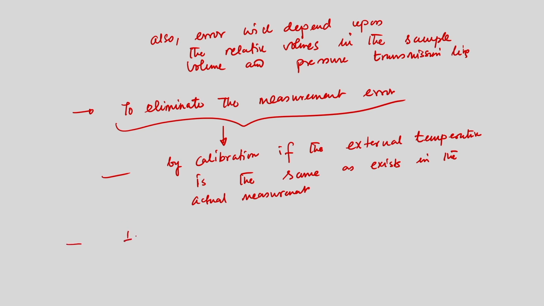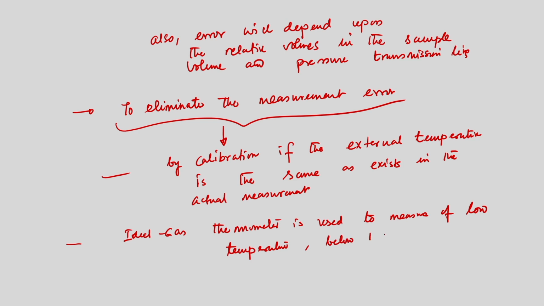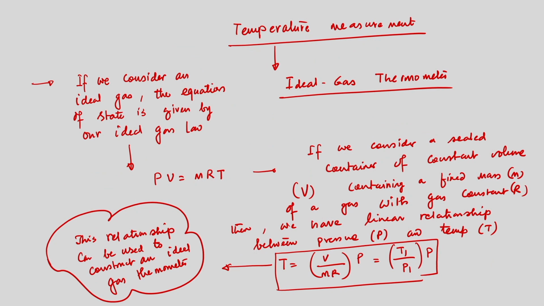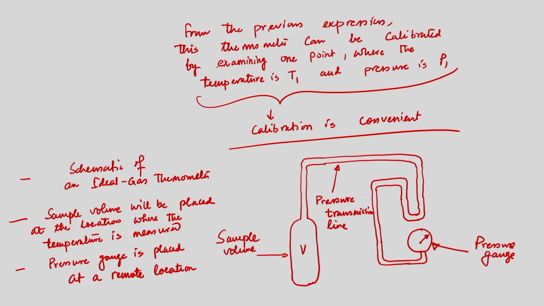Now, as I said, this ideal gas thermometer is used to measure low temperature, below 1 degree K. So, if I go to my first slide, this T1 and P1 is very important, that I can write T is equal to T1 P by P1. So, if we can measure the gas pressure and if we know the temperature T1 and P1, this thermometer can be calibrated.